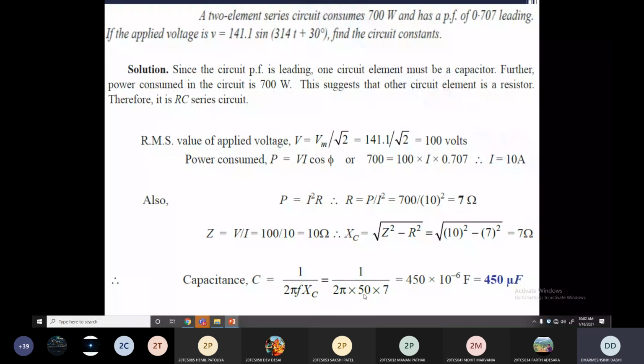So what is the answer? Please give the answer quickly. 450 microfarad. See, the equation: C is equal to 1 upon 2 pi f into Xc. 2 pi f is 50, Xc you already calculated as 7 ohm. So that is 450 microfarad.